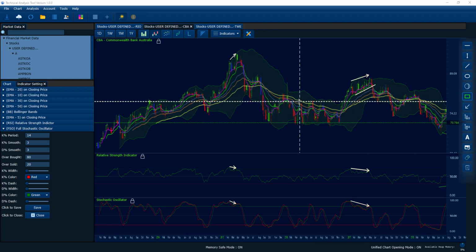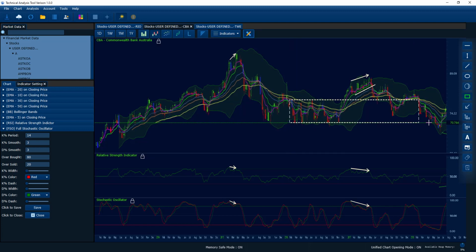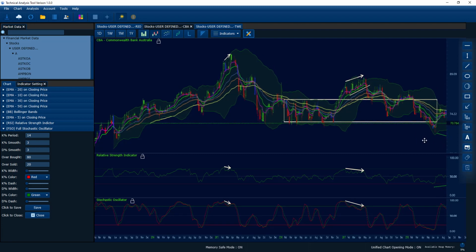Remember we drew a rectangle as the trading range. When the price breaks above this trading range, the upper level of this rectangle becomes a support, and the price really shouldn't fall back into this trading range. If it does, that's really bearish, that means this is a fake breakout. So beware of this kind of situation.